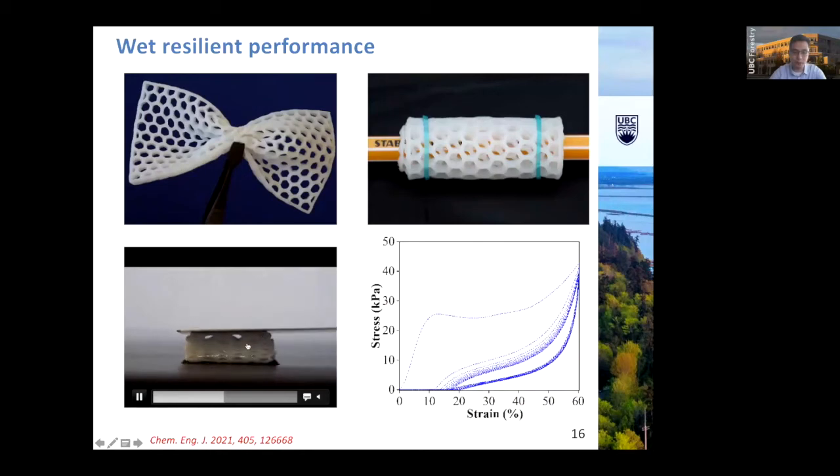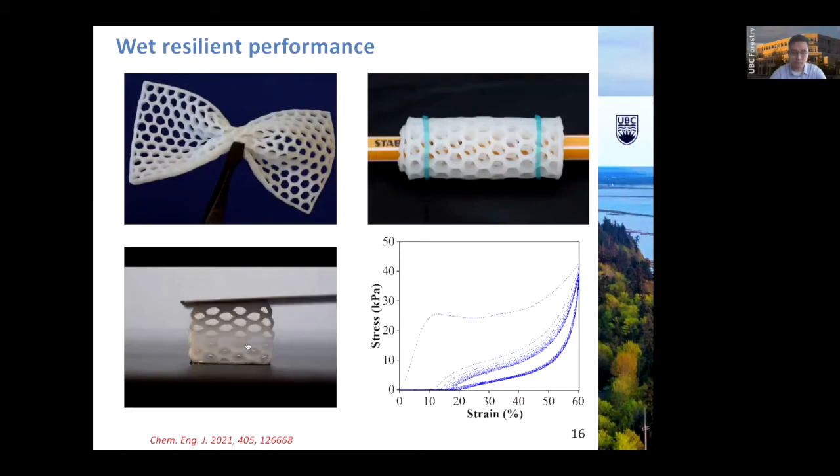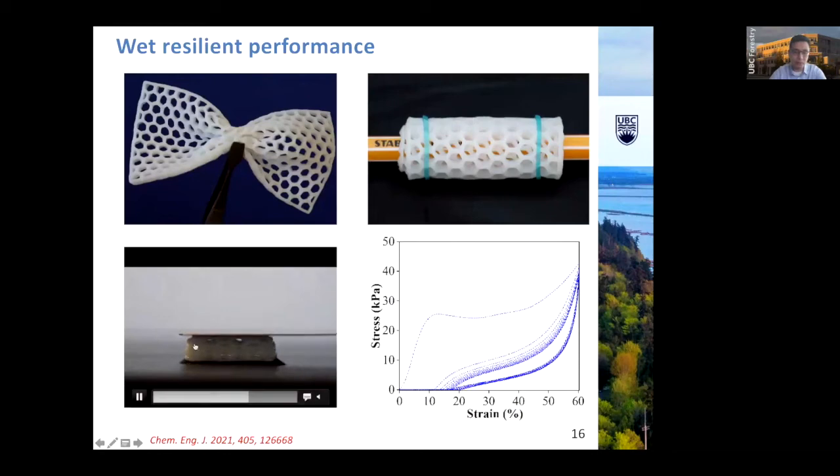Actually, this inspired the design for the next paper, which I will talk about, the elastic structure. But I want you to notice here, during the squeezing, you see the water is squeezed out, right? There's a lot of water, and then the water will be absorbed back after it recovers. This is a difference you will see from the next paper.